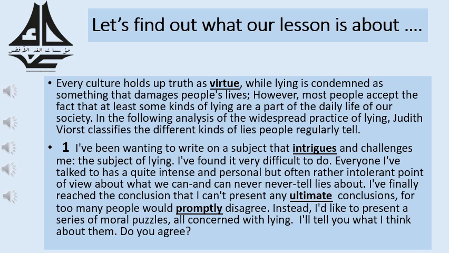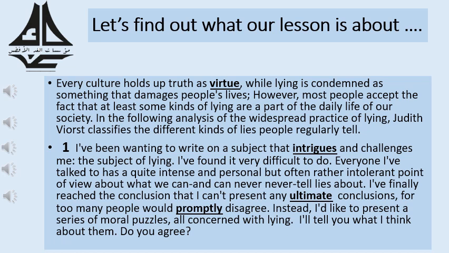In paragraph 1, the writer admitted that writing on a subject as lying was very hard, but she wanted to write about a subject of interest and challenge. She explains that everyone whom she has asked about this subject had a different and intolerant opinion and point of view about what we can tell lies about.